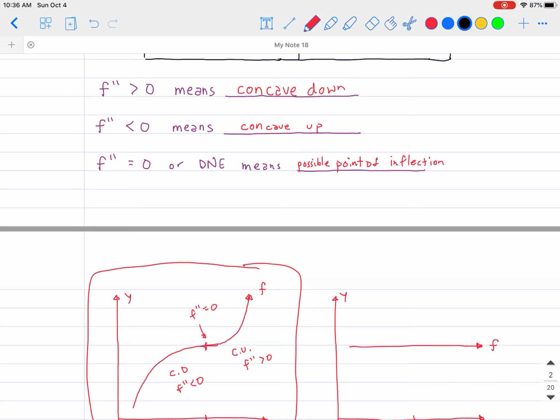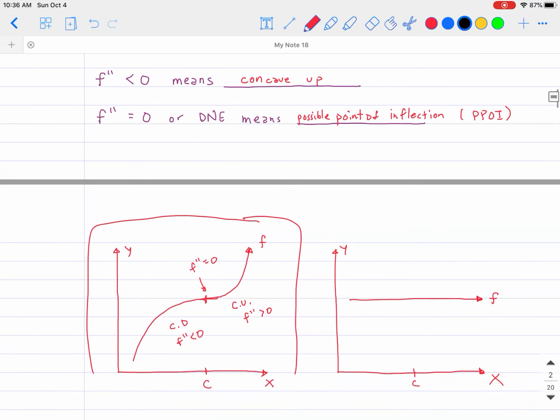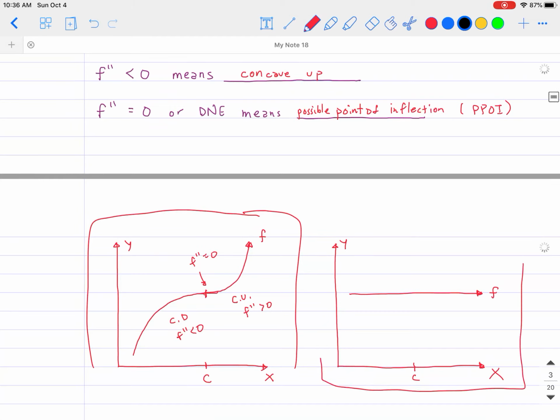Now, I have to be a little bit careful here and write this in front. It's actually what is known as a possible point of inflection, or PPOI. The reason I say possible point of inflection is, if you look at the second example over here, you'll notice that we have f, which is a horizontal line. So f prime is equal to 0, and f double prime is also equal to 0.